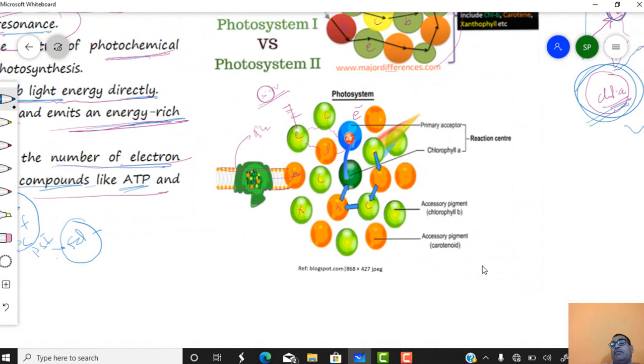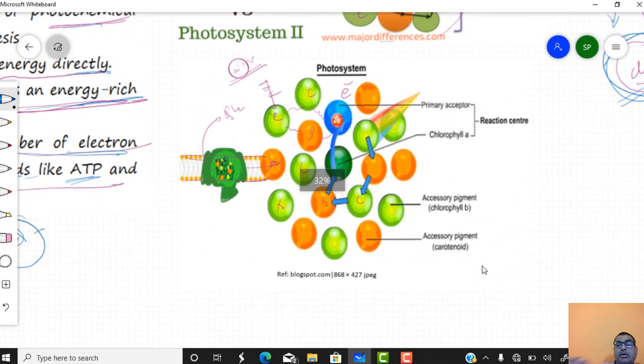This is one more reference figure. This is a thylakoid. This is the membrane of a thylakoid. This is one of the quantasomes present in the thylakoid. Within the quantasome, different types of pigments are present.